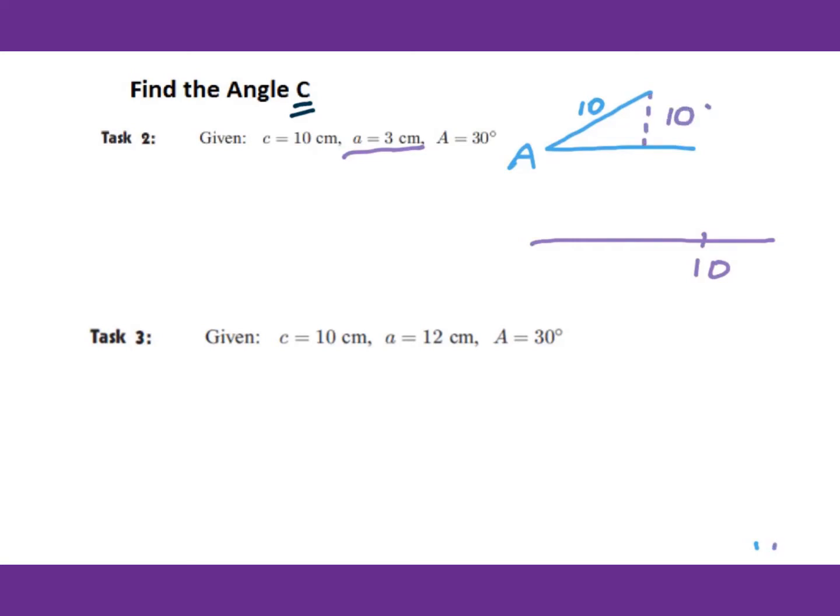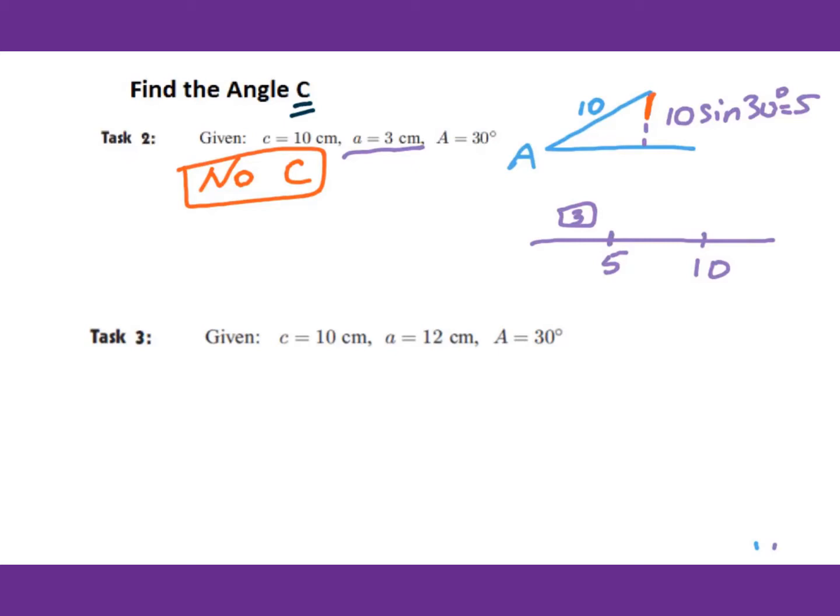That means 10 sine 30 degree, still get a 5. For this A, it's less than 5. That means you can only draw from here to here. You cannot form any triangle. Therefore, just say no C.